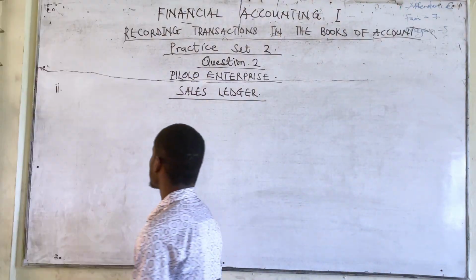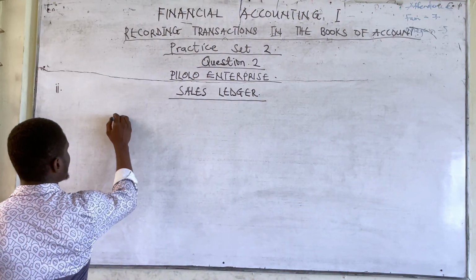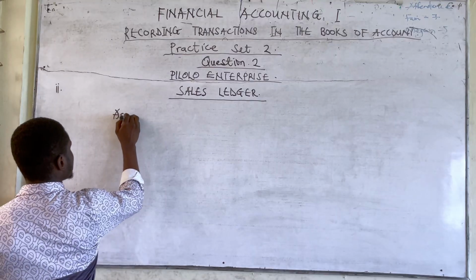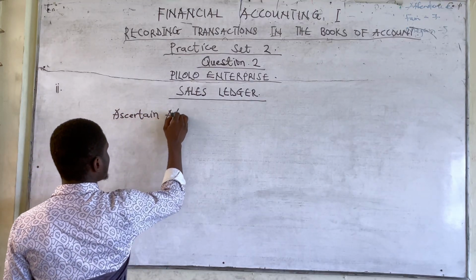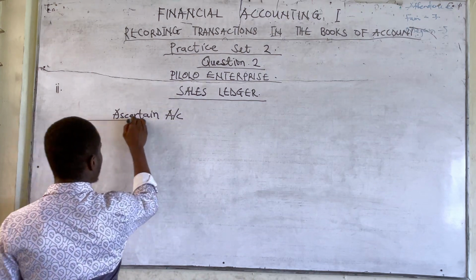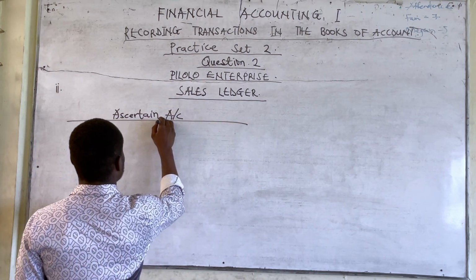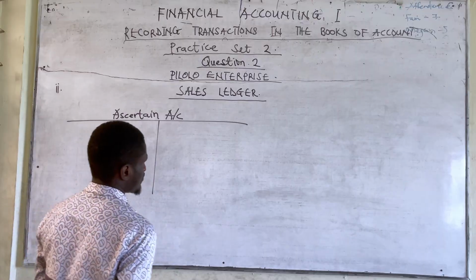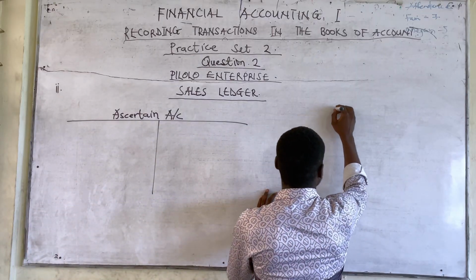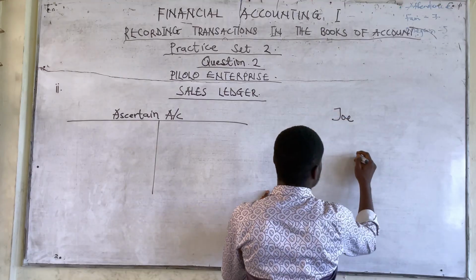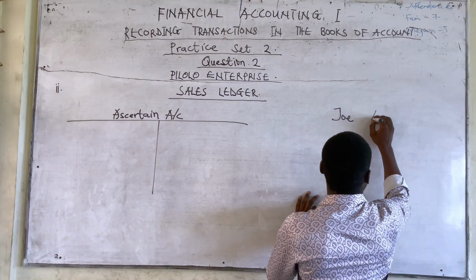So we are going to open Ascertain's account. Good. And also Joe's account.